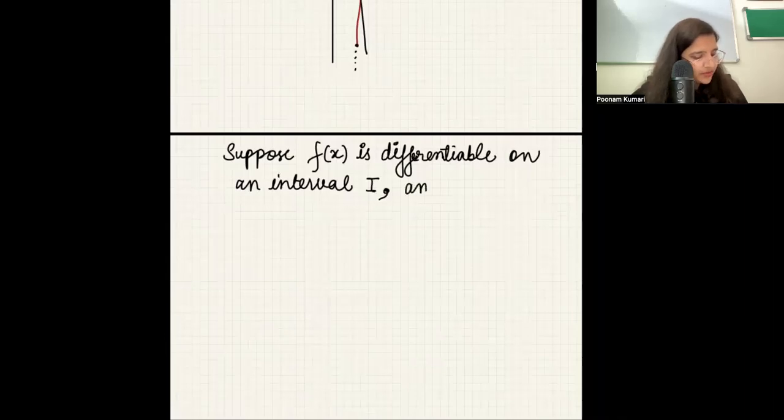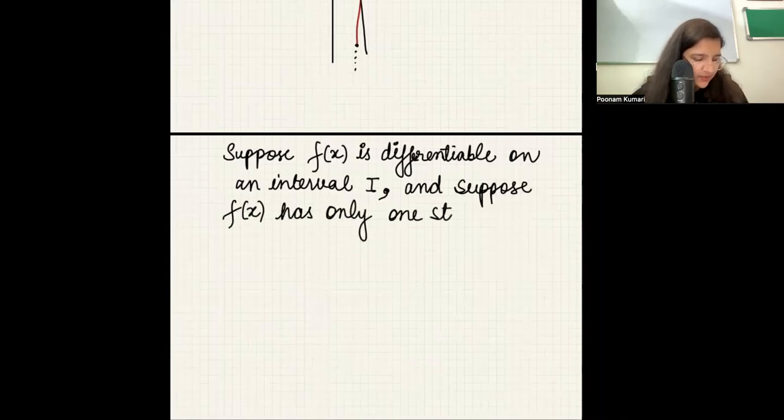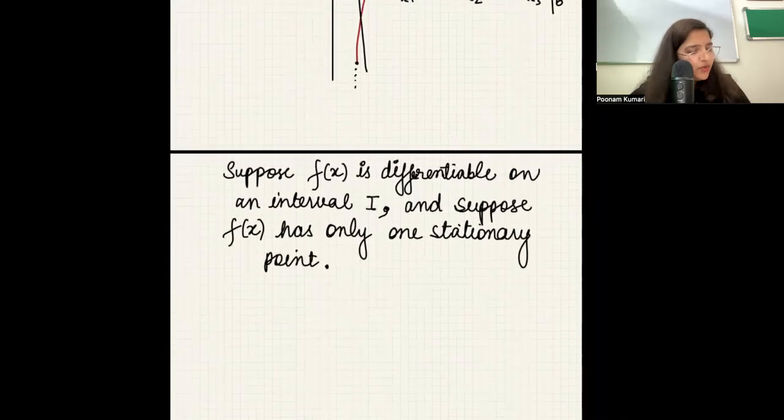And suppose that f(x), your function, has only one stationary point. If your function has only one stationary point and it is differentiable, it might look something like this.